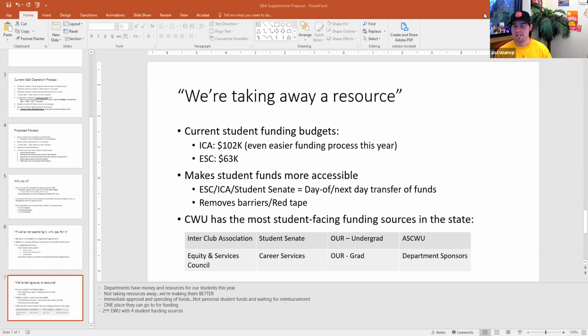Yeah, and arguably, I don't even know if it's really excluding students when we're taking this money and putting it in other programs that they have more accessibility to. So ASCWU, a lot of students know ASCWU over S&A.